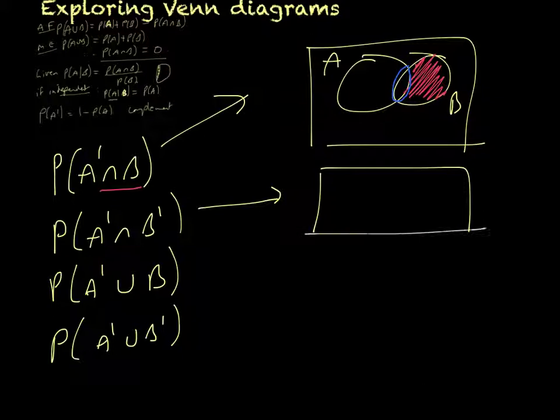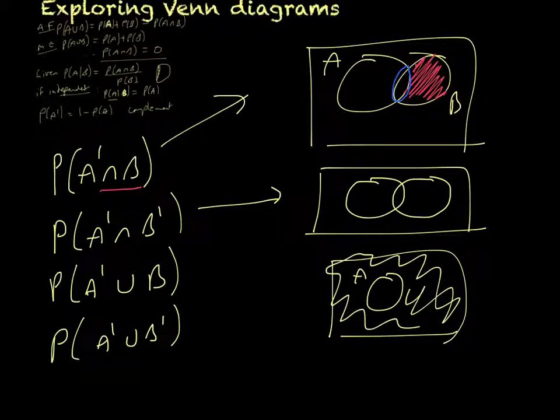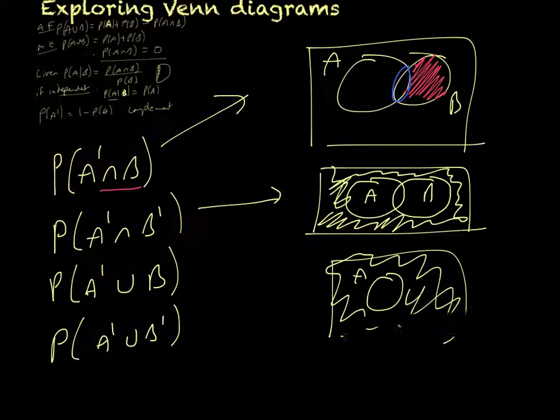If we're saying not A and not B, so we want not A to happen, which, remember, not A, here's A, not A would be everything around A, and not B as well. So not B is everything around B, so nothing can be shaded inside the circles. There is our not A and not B.